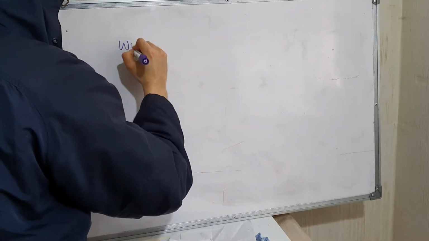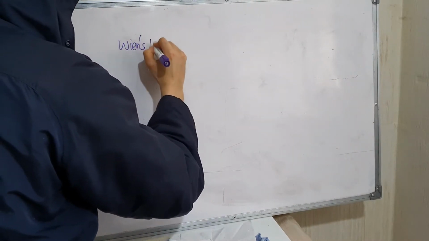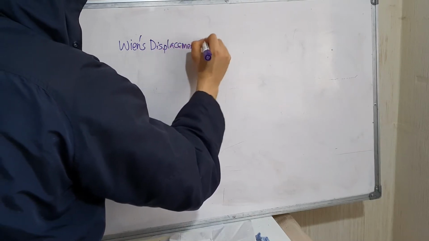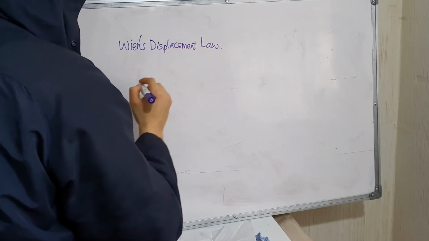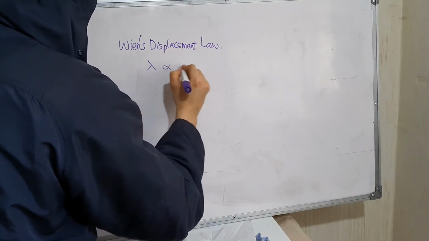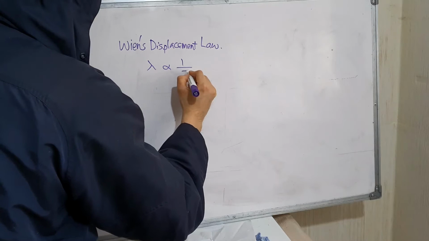Now we're going to be talking about Wien's displacement law and Stefan's law. The equation for this is that the wavelength is inversely proportional to the temperature.